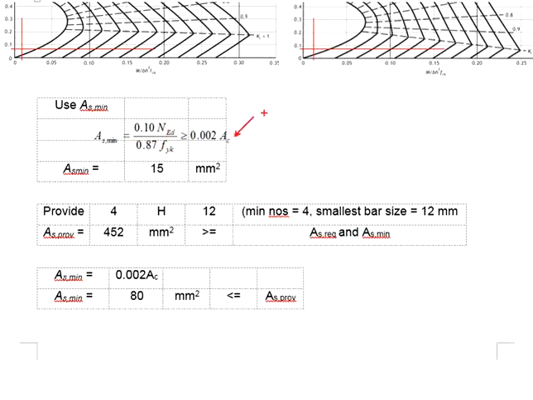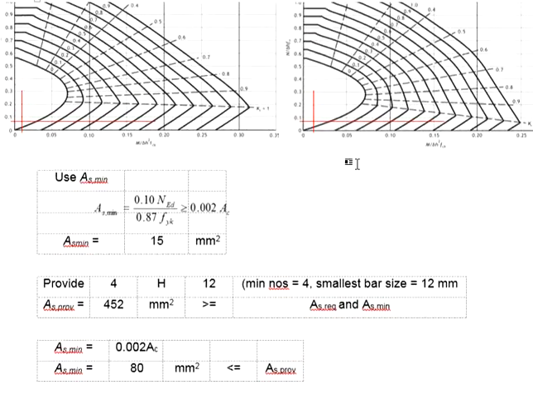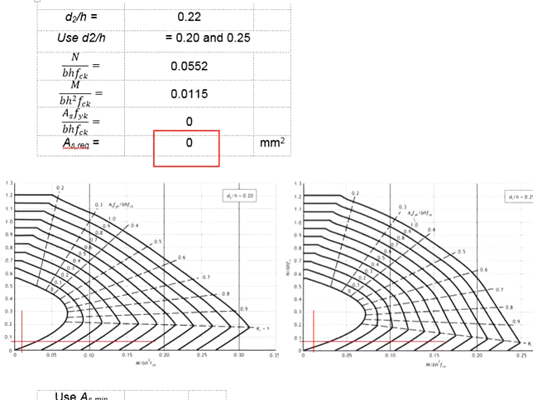The Ac here is determined by 200 times 200, which is the size of the column, and it gives you As minimum of 15 mm square. Very minimal. In another word, the calculated As required will be 0.